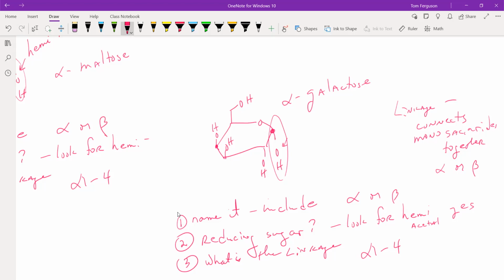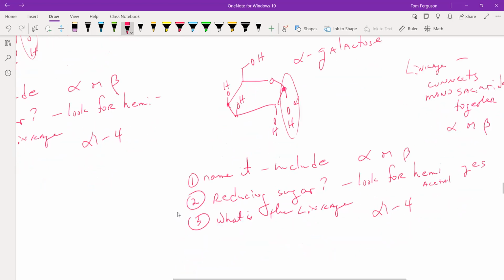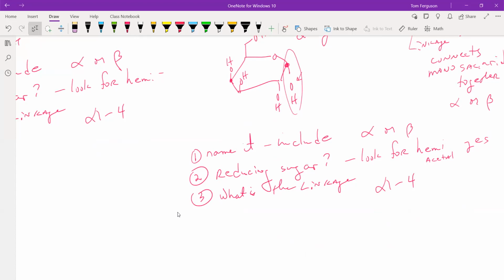If you just have a monosaccharide, it's not connecting to anything. So there is no linkage with monosaccharides, only with di-, oligo-, and polysaccharides. Okay, so this kind of analysis: naming it, is it a reducing sugar, what's the hemiacetal, what's the linkage?